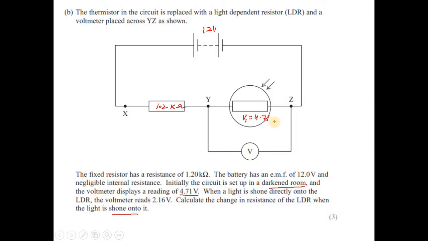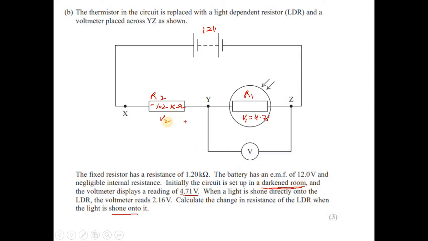So clearly we can figure out the resistance R1 at this voltage using the potential divider equation, because we have a voltage V1, we have R2, and then we can figure out V2 when the circuit is in a darkened room.